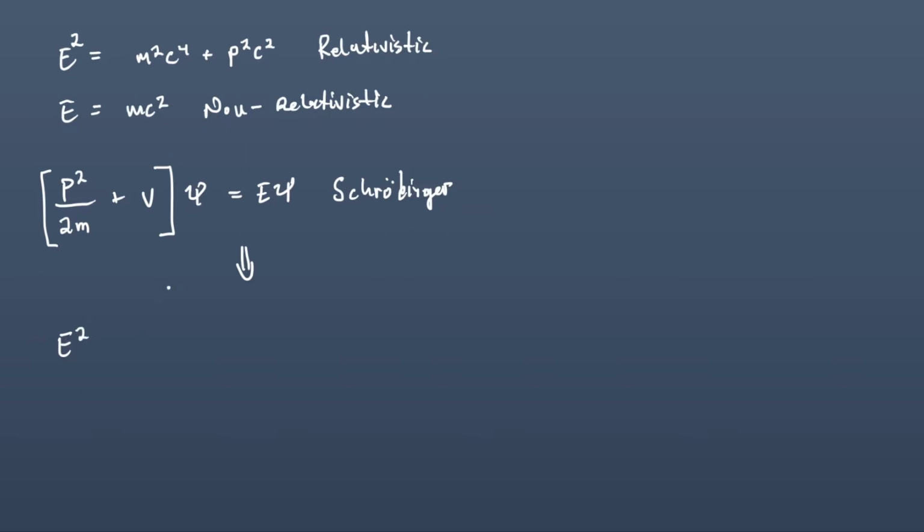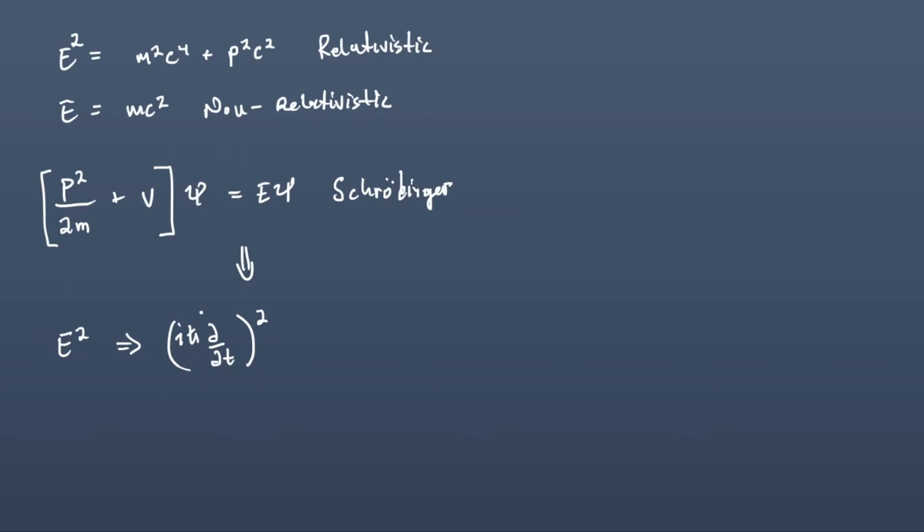The E squared part turns into, well, we need to remember our operators in quantum mechanics. So this is (i ħ ∂t) squared. Inside the square here is the operator associated with energy, our total energy.